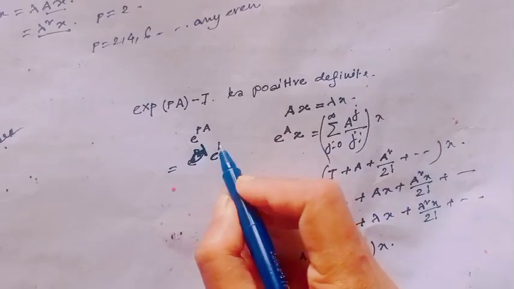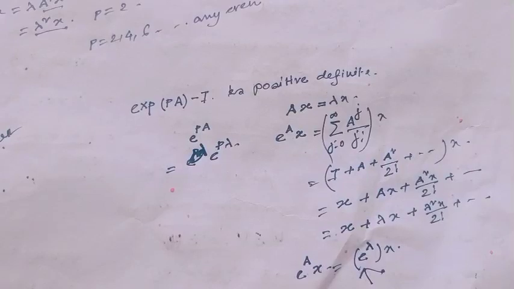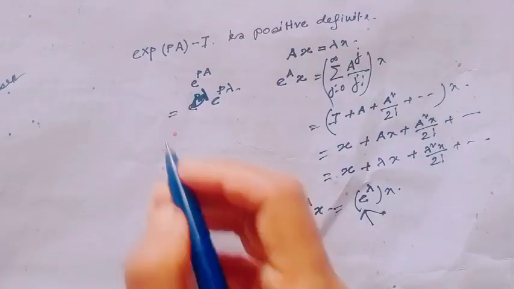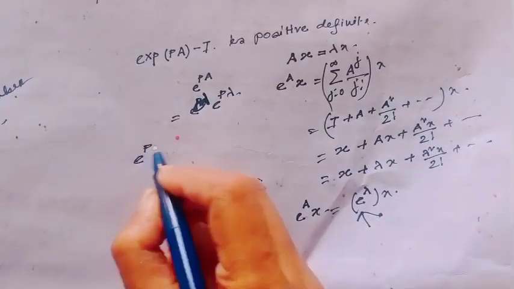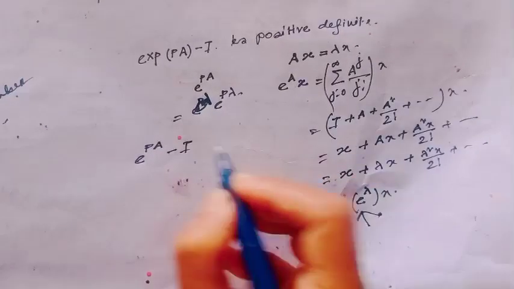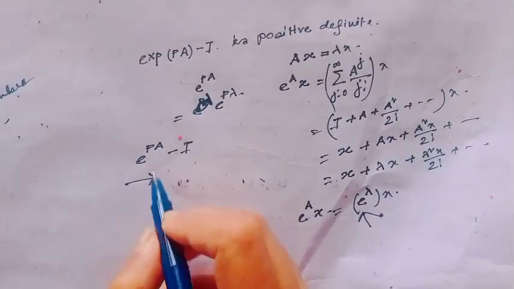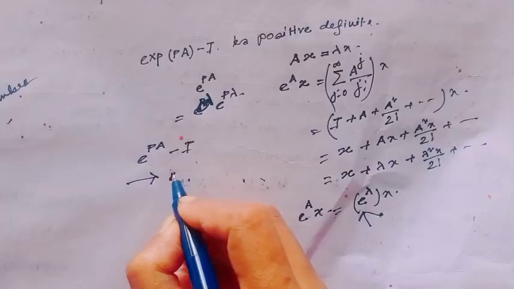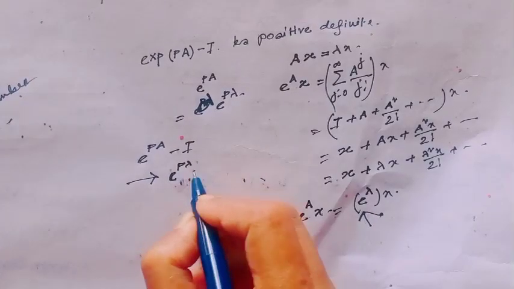Here e to the power pA minus I means the eigenvalue of this expression is e to the power p lambda minus 1.